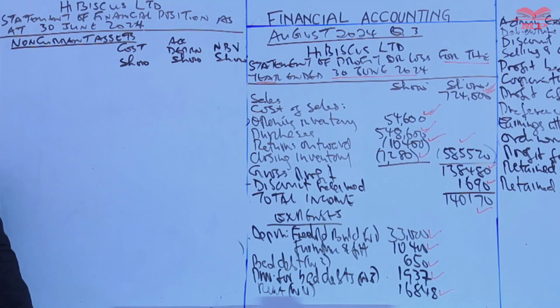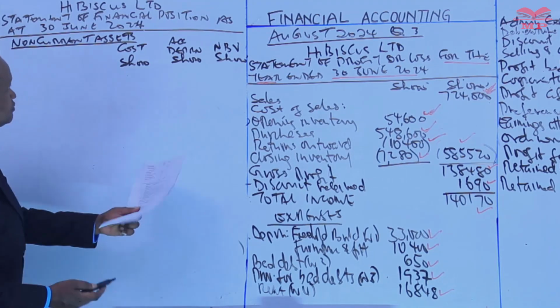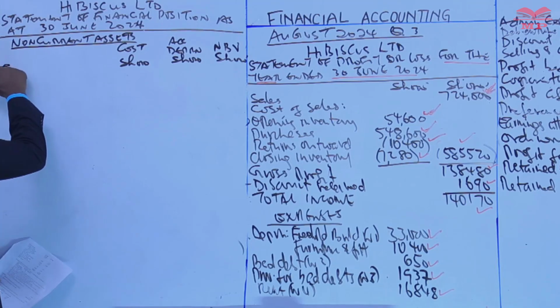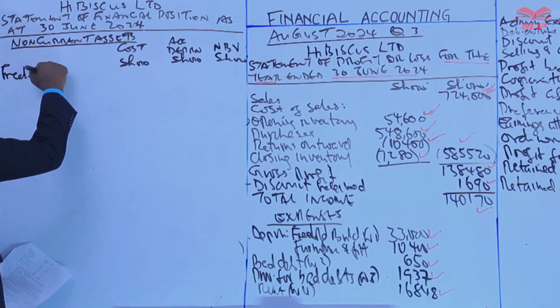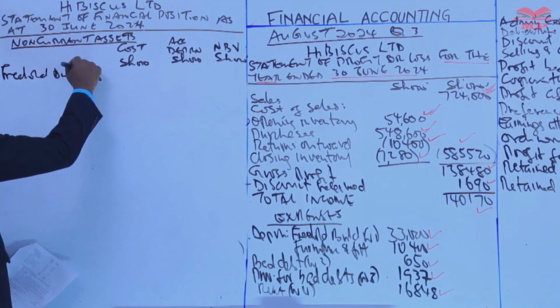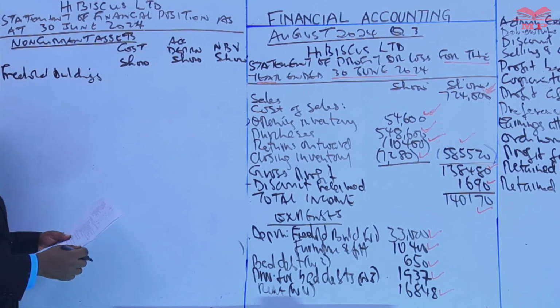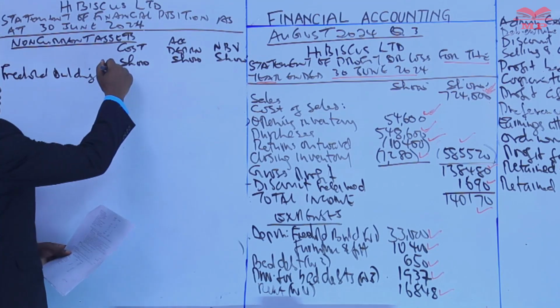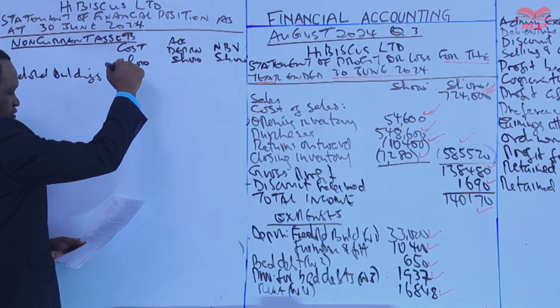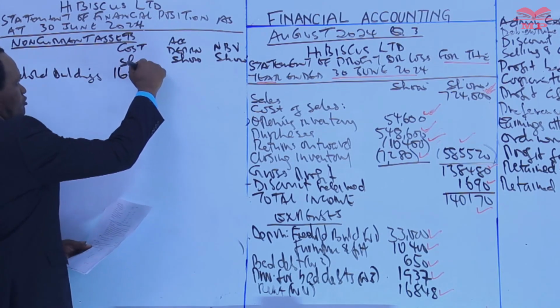On page 3, the first one there is freehold buildings. Freehold buildings is the first non-current asset, 165 million.